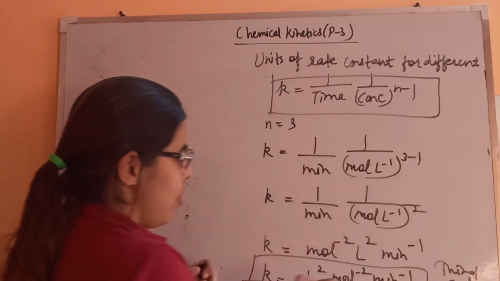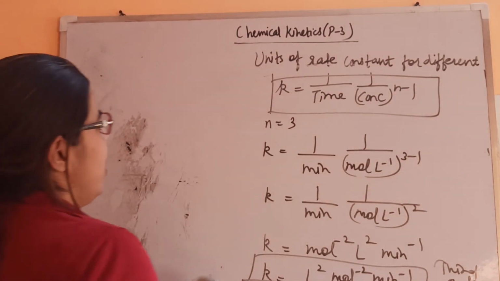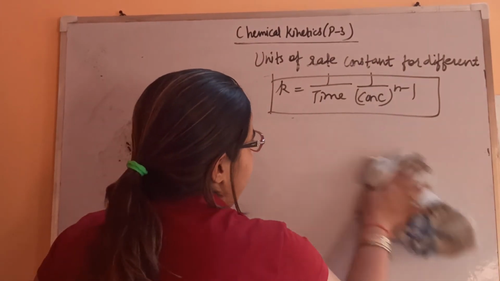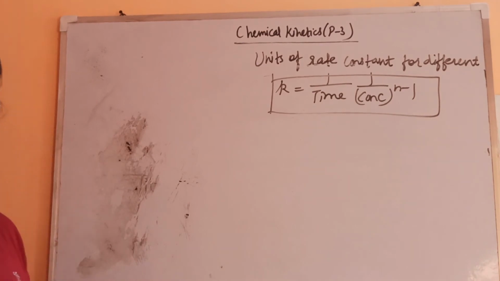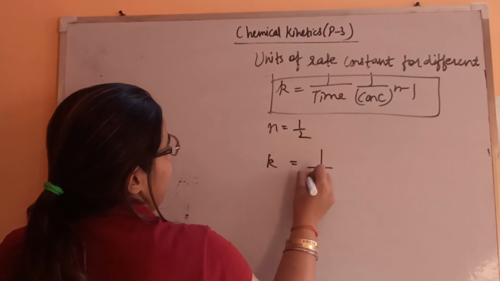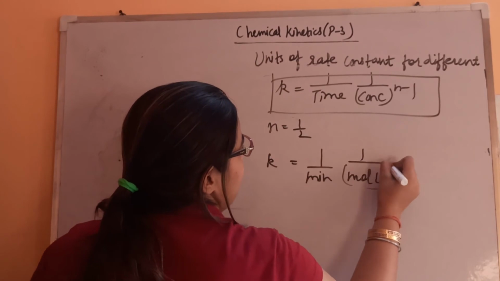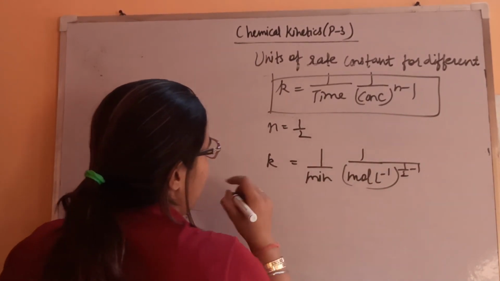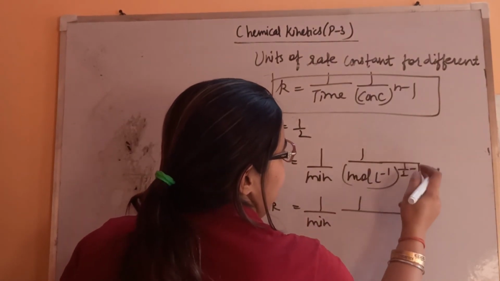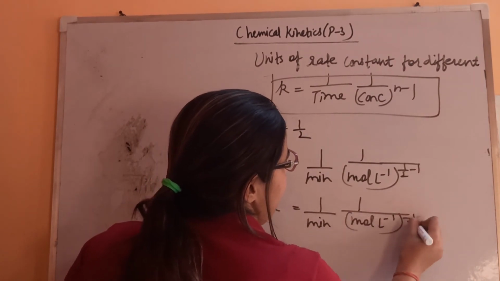And the unit for the fractional order reaction, you will get it over there only, whatever the order will be there, accordingly you can write. Let's take one example so that you can understand what are the units for the fractional order. It will be different in that case. Say if n is, I am taking half, so K is equal to 1 upon minute, moles per liter to the power 1 by 2 minus 1, so K is equal to 1 upon minute, moles per liter to the power minus 1 by 2.